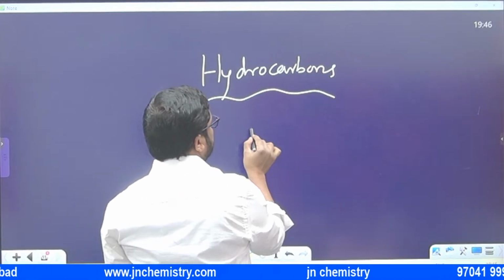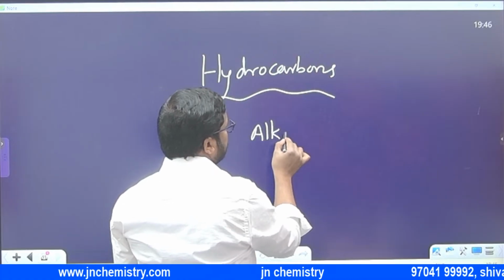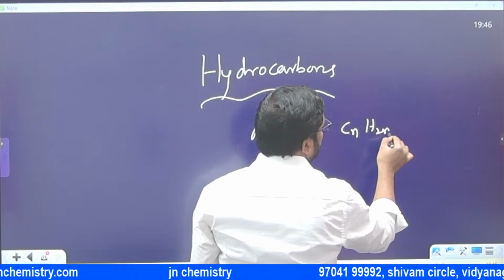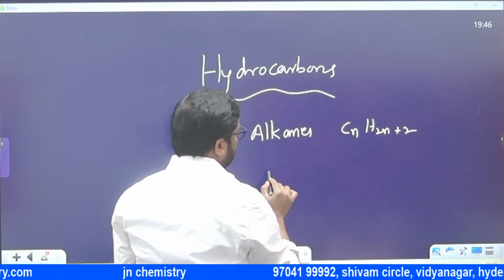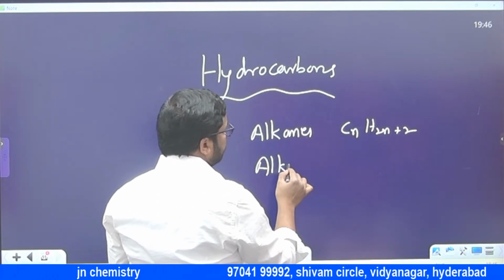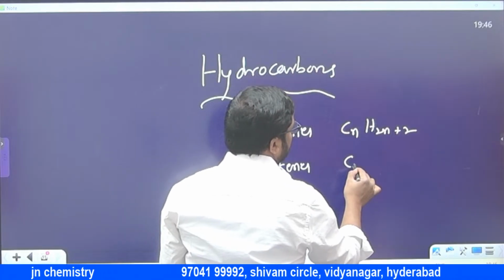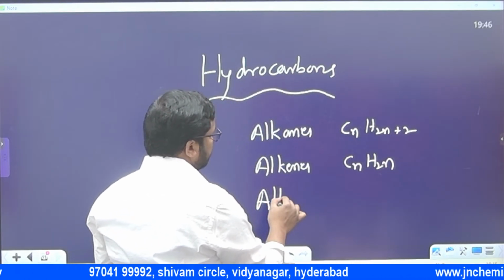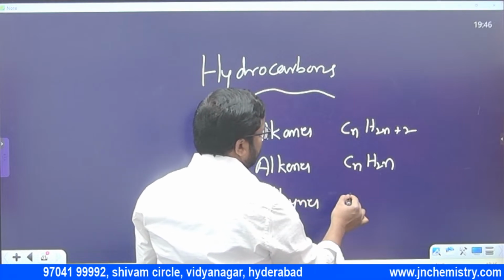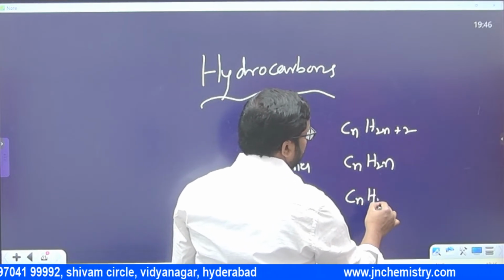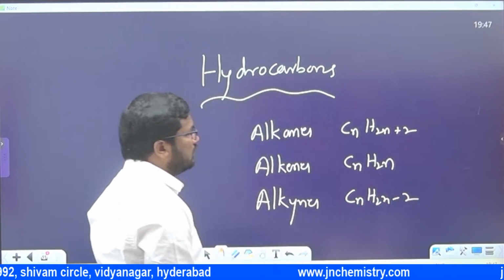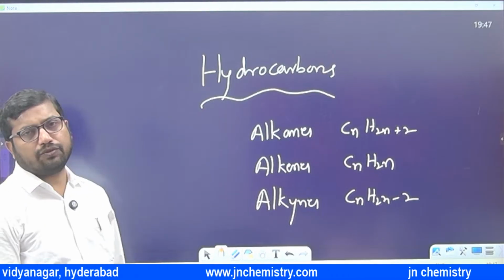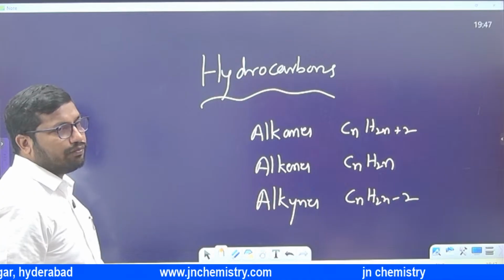Particularly here, first we'll discuss alkanes, CnH2n+2, alkenes, CnH2n, alkynes, CnH2n-2. Then afterwards we will discuss aromatic compounds, benzene reactions, the preparation of benzene and all.